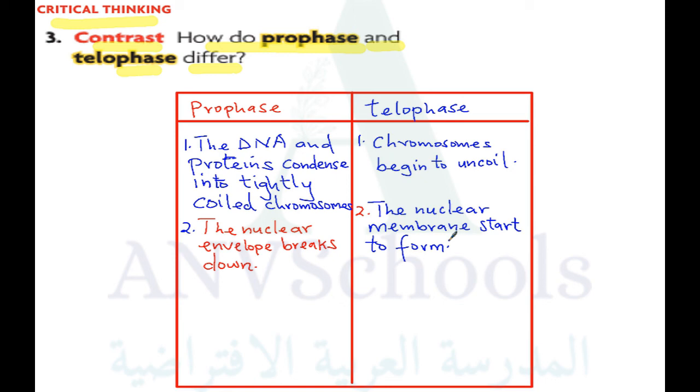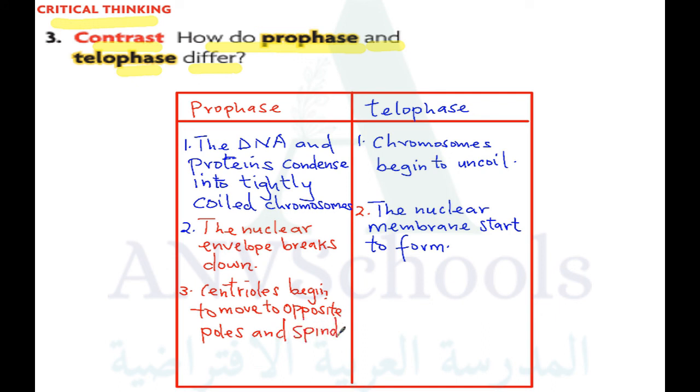Centrioles begin to move to opposite poles during prophase, and spindle fibers form.